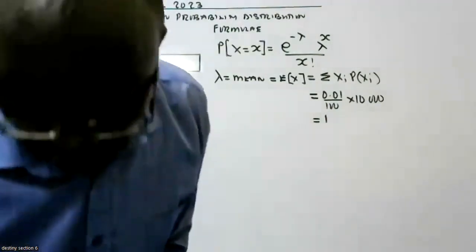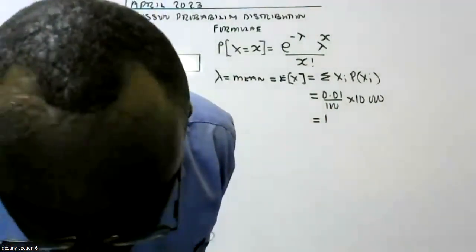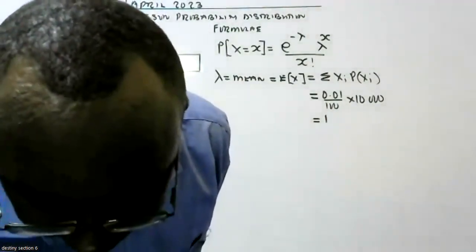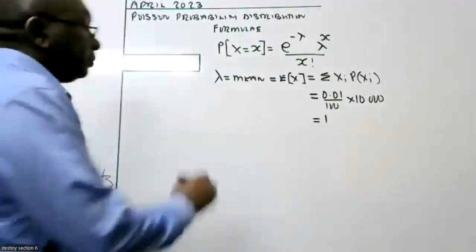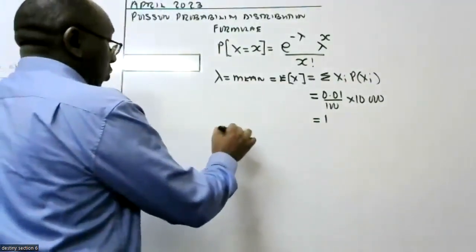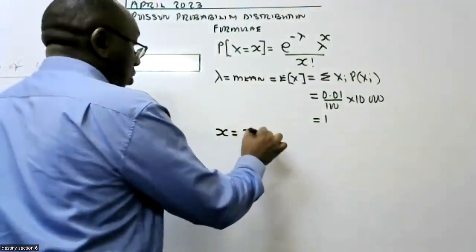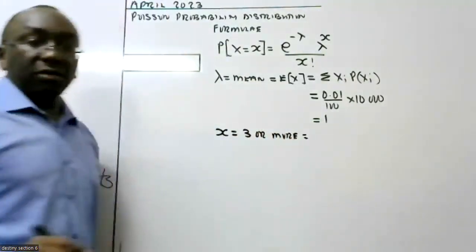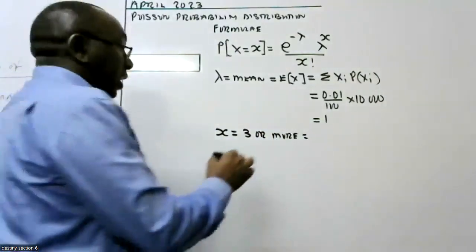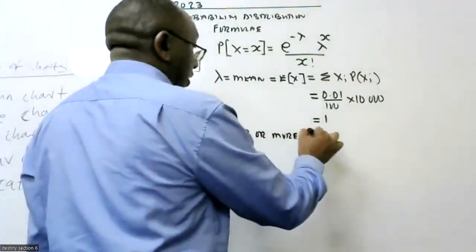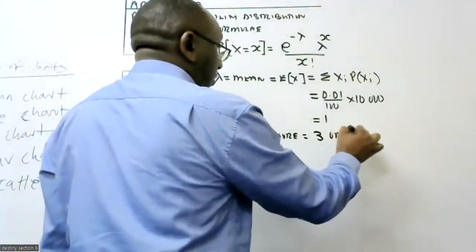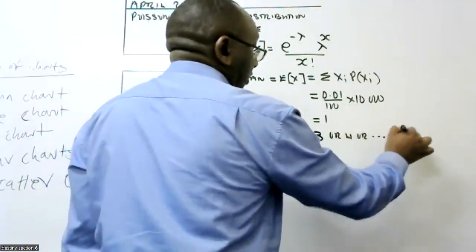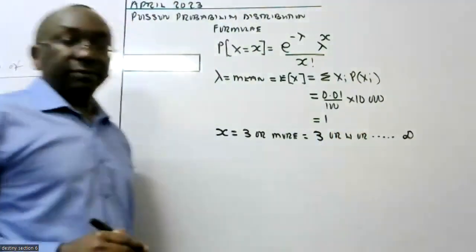So when you are told there being 3 or more, so X, we are told 3 or more, the meaning of that is we take 3 or 4 or all the others up to infinity, the last one.